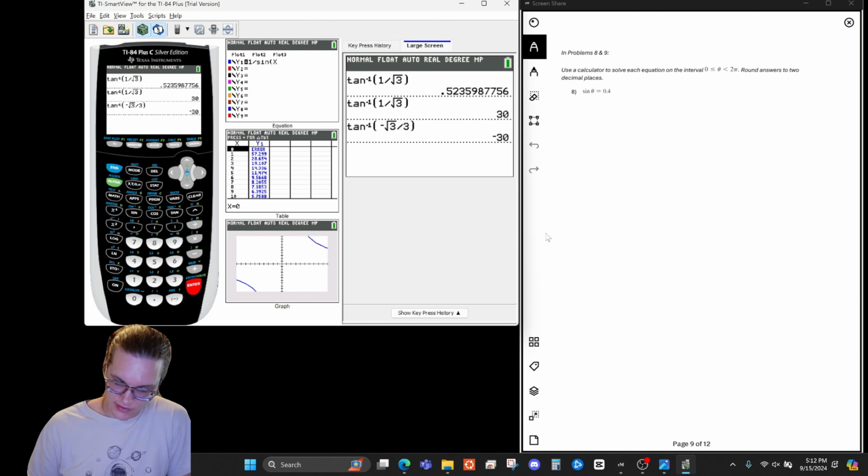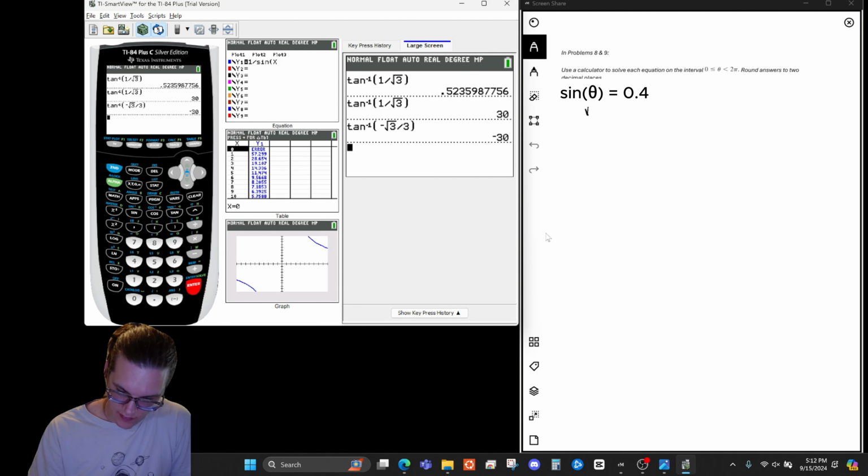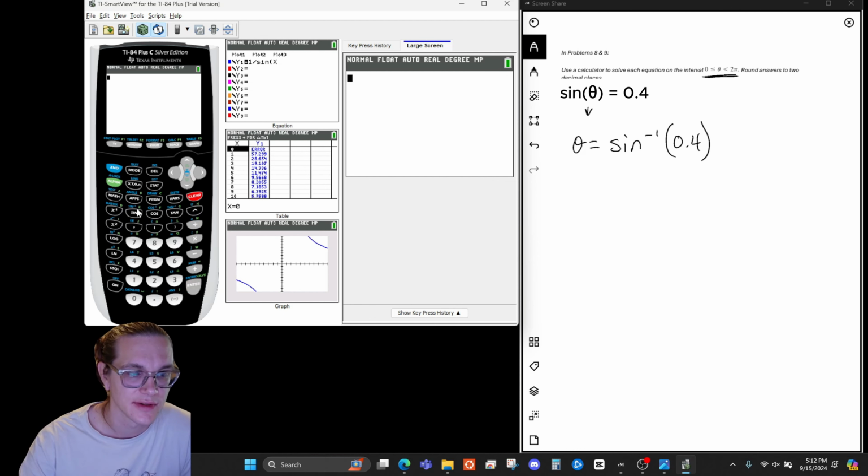Okay, so I have the calculator pulled up. We're going to do sine of theta equals 0.4. Remember, you can do inverse here. We have this interval, so theta is the inverse sine of 0.4. It tells us to use a calculator, so we're allowed. Let's do that. Shift sine gives us inverse sine, 0.4.